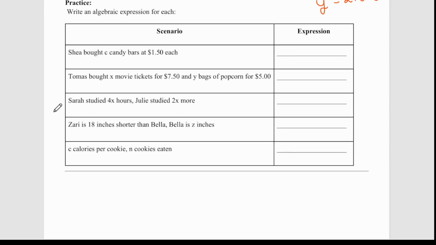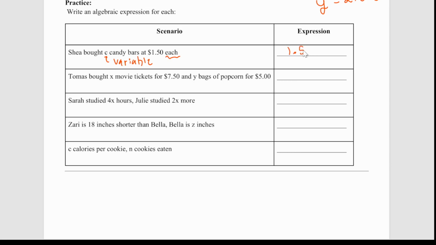So let's go ahead and practice this a little bit. If we had something along the lines of Shea bought C candy bars at $1.50 each, well, C is our variable. And buying them for that each, we want to think through what operation makes sense. Would addition, subtraction, multiplication, or division make more sense? In this case, it would be multiplication.